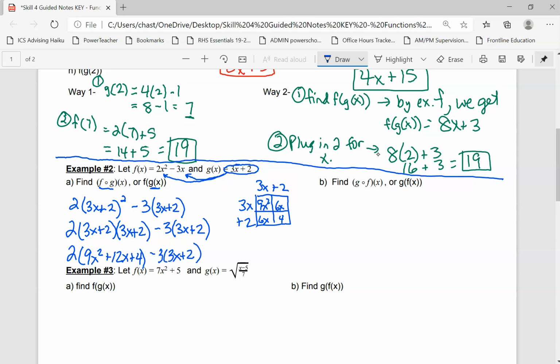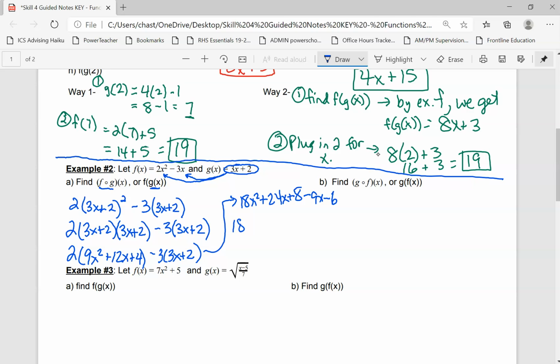And as you can see, I'm running low on room, so I'm going to erase what I did here. Keep in mind, if this video is going fast, you can always pause, rewind, and so on. Doing my distributive property on both groups, I get 18x squared plus 24x plus 8, and then minus 9x minus 6.